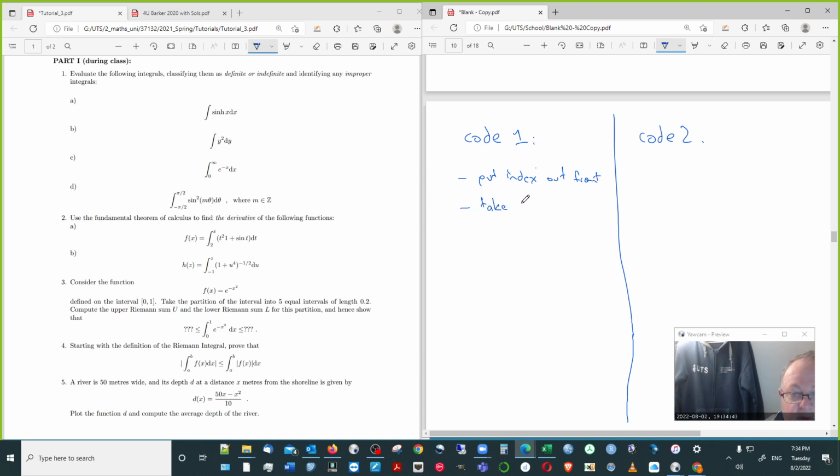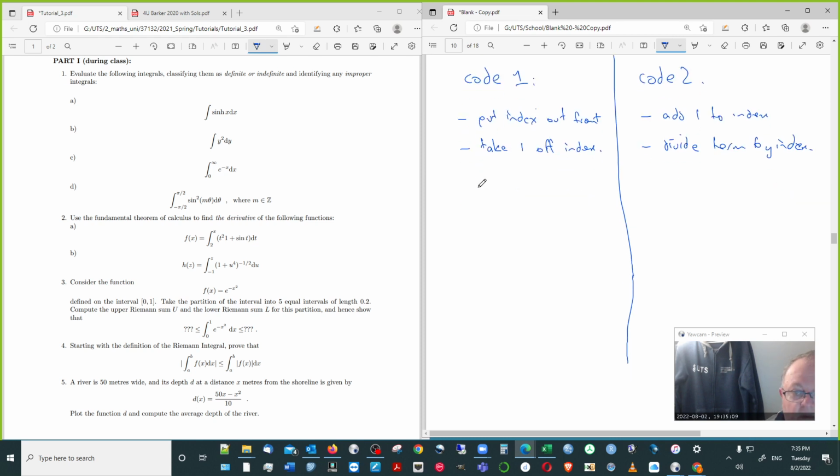Or subtract 1 would be a better way of doing it. Okay, this one here is going to be add 1. So it's just a way of getting them to do a puzzle, a bit of programming.